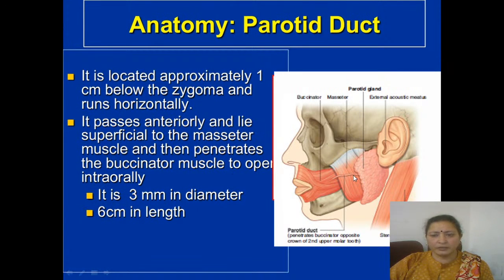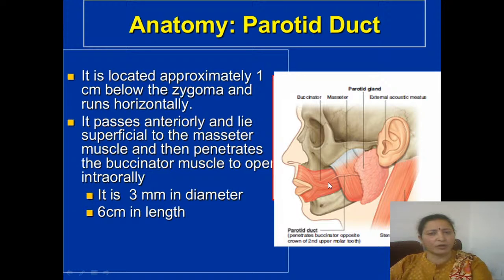Then about the duct, there are many problems. All the problems are not related only to the gland, and many of them are related to the duct itself. The duct can have a luminal problem and can have a wall-related problem, and at the exit of the opening in the mouth, that can have problems.